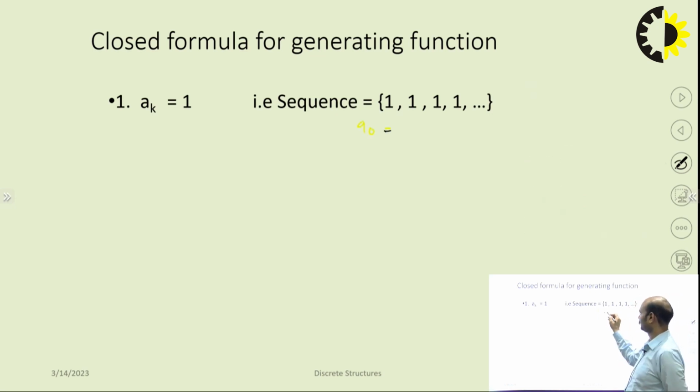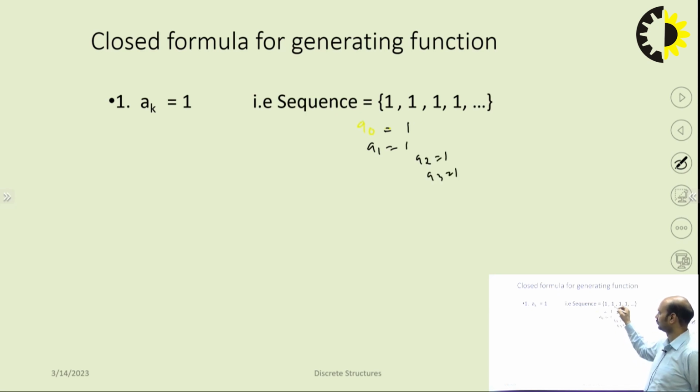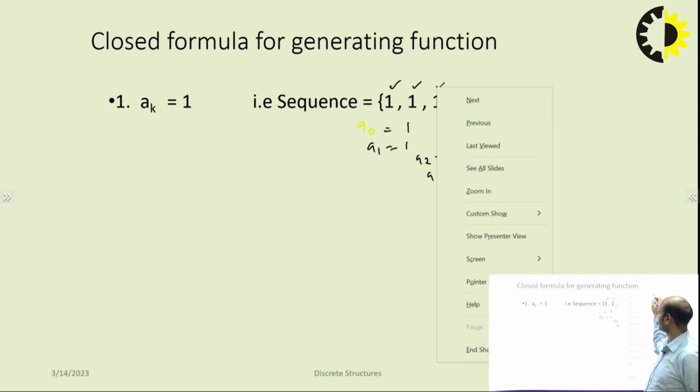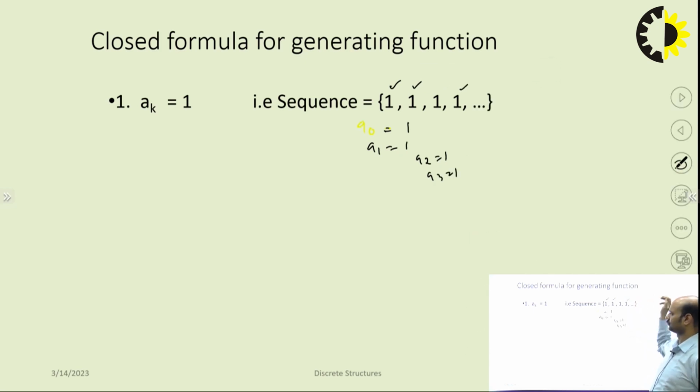It is 1, and a1 is 1, a2 is also 1, a3 is also 1. The sequence is 1, 1, 1, 1 up to infinity.